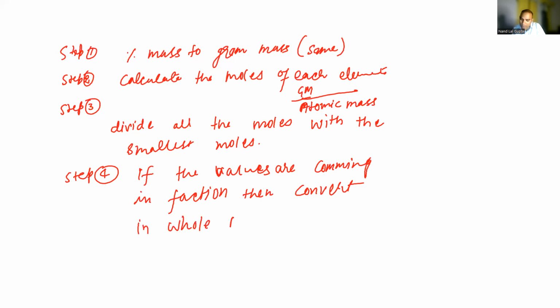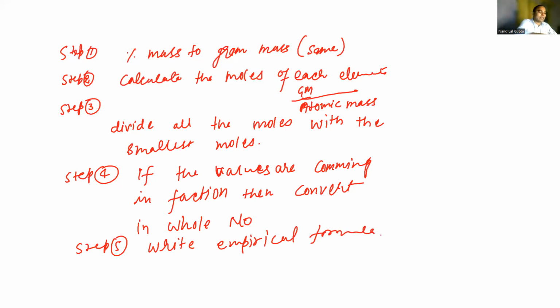And step number 5, write the empirical formula. Then you can write the empirical formula. These are the steps that you need to write, and then only we can go for the problems. If you write them, then we'll give you the problem.